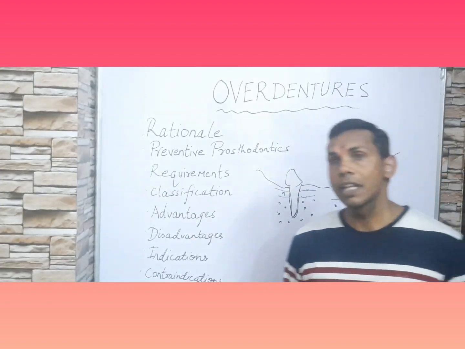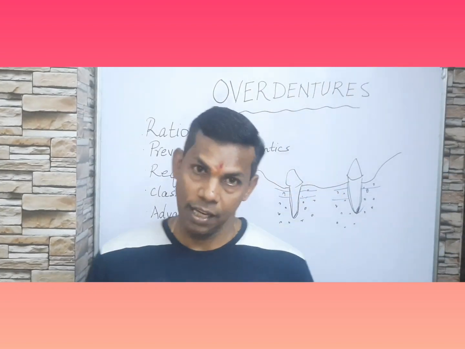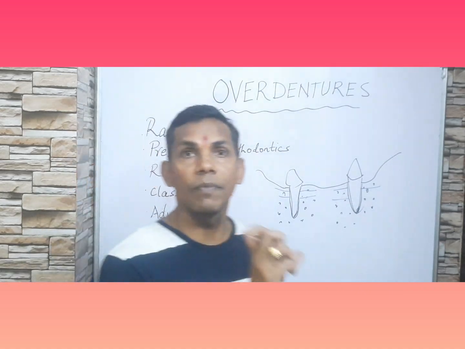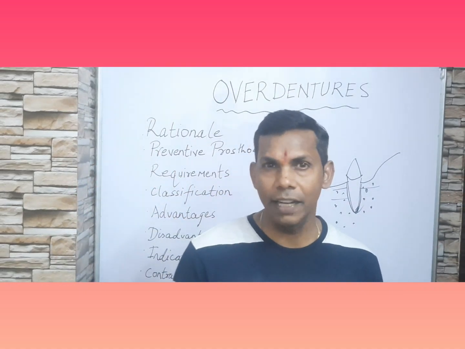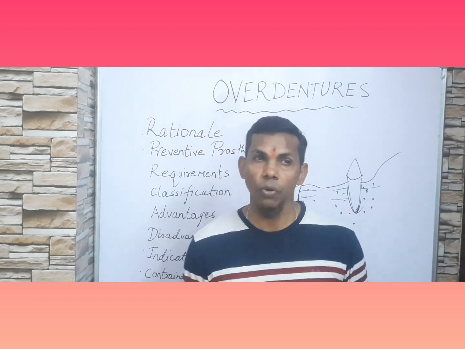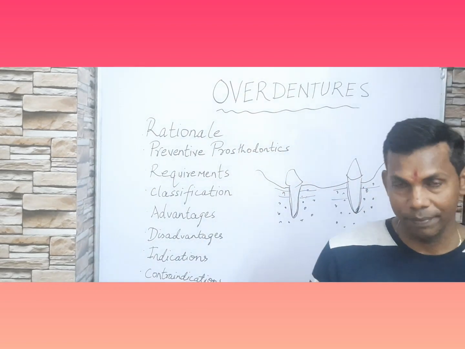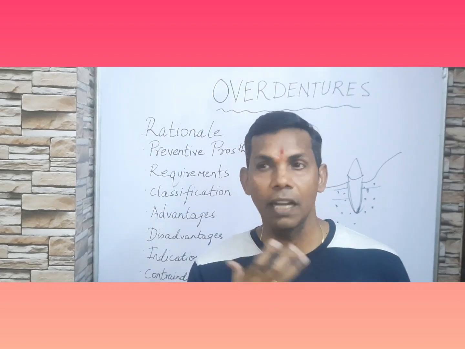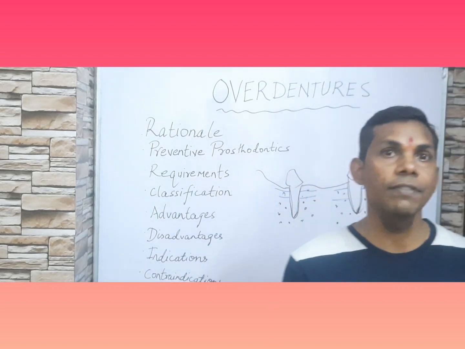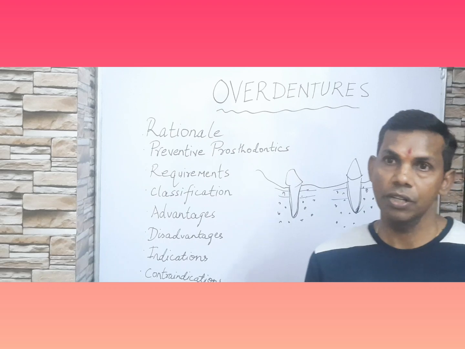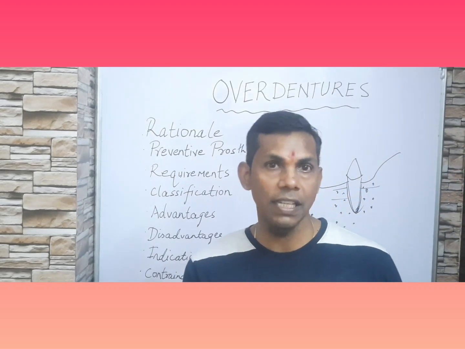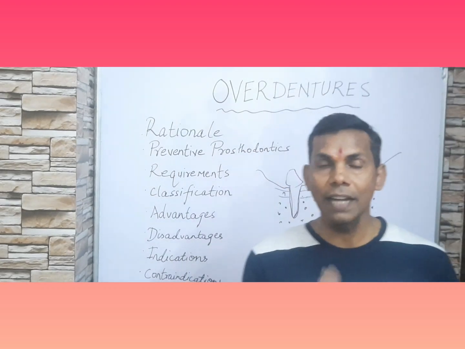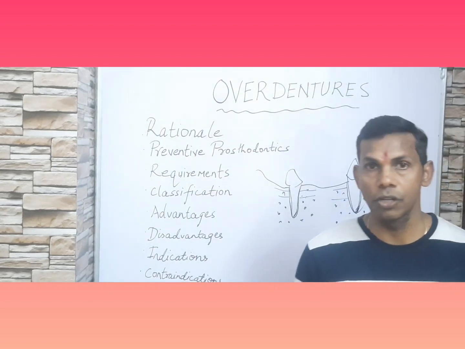That is, say for example, in an overdenture case, you are having some teeth which are not of that great prognosis. You know that they should go for extraction, and the patient wants to preserve those teeth, and you feel that if you can give some option to the patient which can preserve these teeth, that will be great. So that's where overdenture comes into the picture.